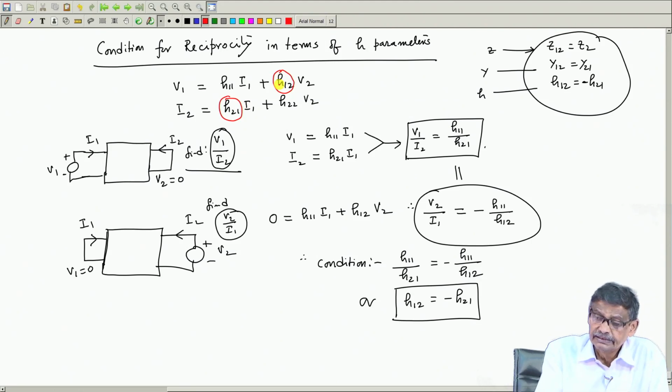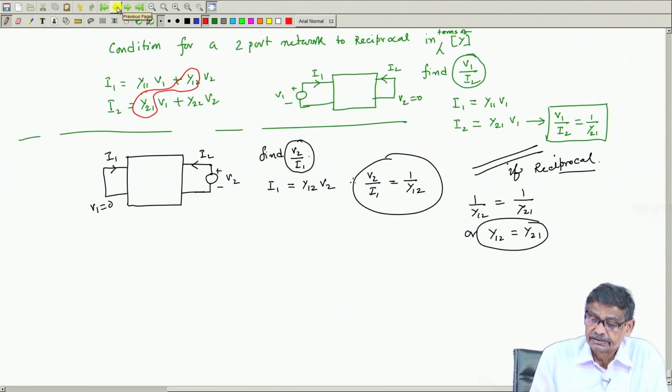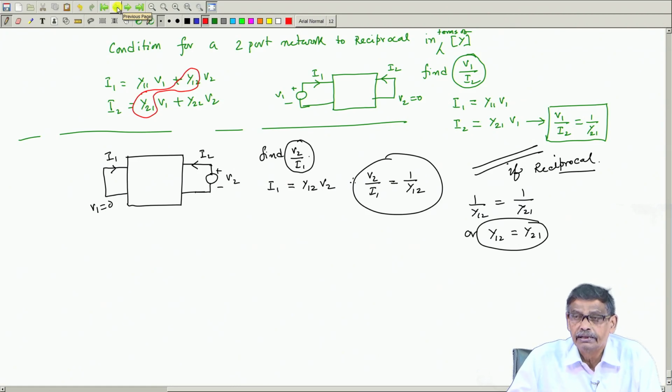So, this is the condition for reciprocity for these three matrices, Z, Y and H parameter matrices. Naturally, the question comes, what will be the condition for reciprocity if the network is represented in terms of ABCD parameters, and that we are going to do in the next class. Thank you.